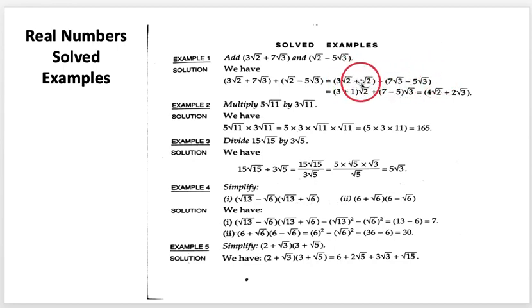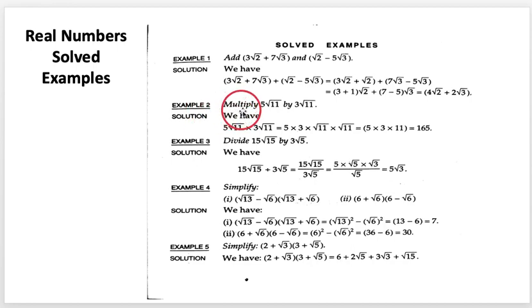Now from both, as root 2 is there, we can take root 2 common, and what is left is 3 plus 1. In that case root 3 is common, and what is left is 7 minus 5. So 3 plus 1 means 4 root 2. Now 7 minus 5 is 2, and then root 3. Then the answer is 4 root 2 plus 2 root 3.